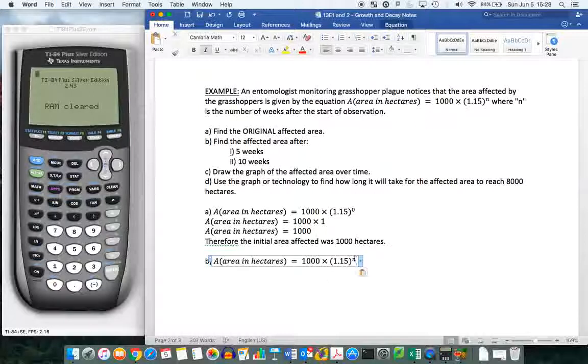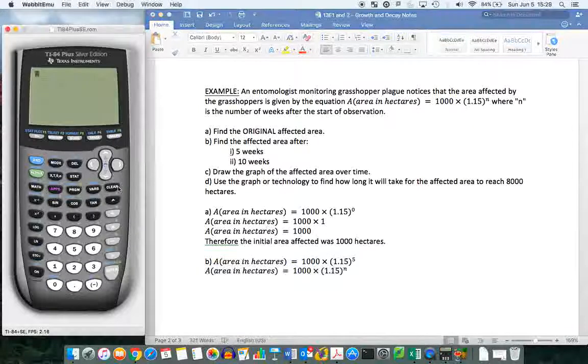B. Find the affected area after 5 weeks. So that's asking what the area is going to be when it's to the power of 5. Got a calculator here anyway, so let's do that. 1.15 to the power of 5 times that by 1,000.